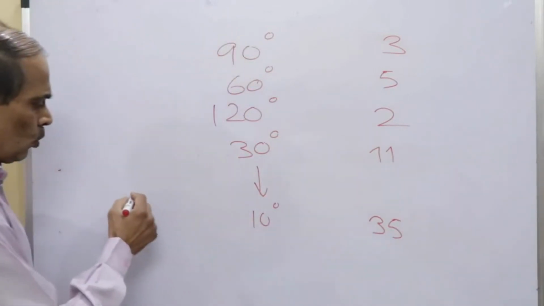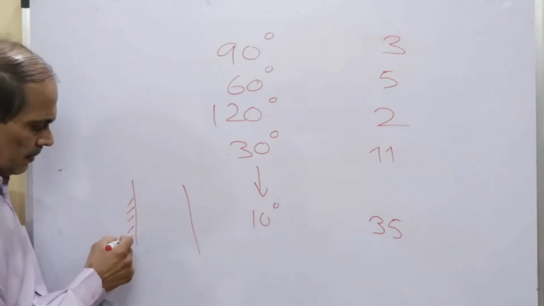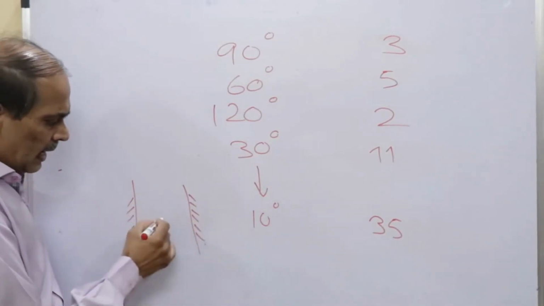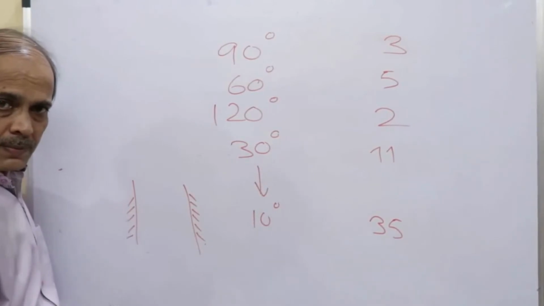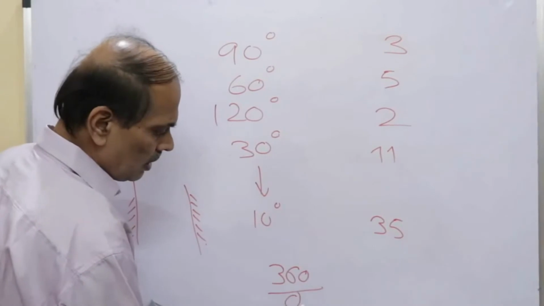And if you place two mirrors parallel to each other, then the angle between them is 0. So it is 360 divided by 0, minus 1.